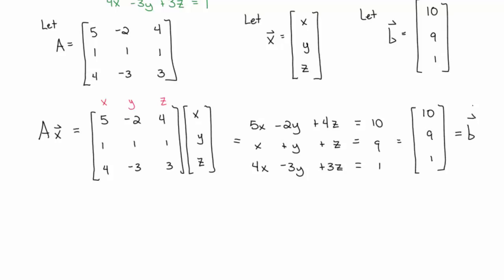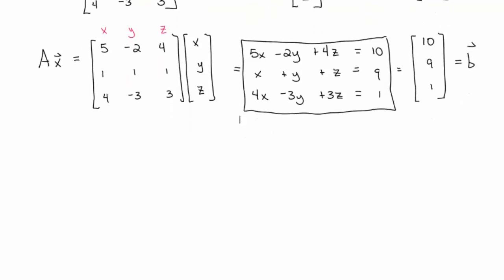This shows us that rather than writing our system of equations as this chunk in the middle, we can call the coefficients of the variables a matrix A, call the column vector of the variables the matrix X, and call the column vector of the constants the matrix B, and you can easily rewrite this as AX equals B.